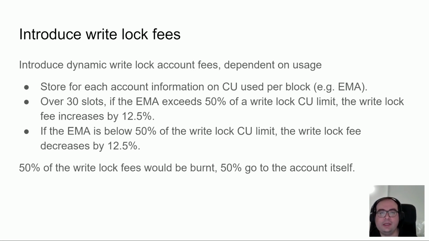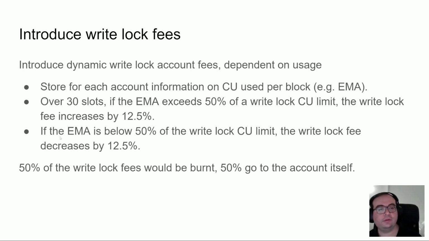It's not an emergent property, but it's really coded that the accounts that are more in demand will be more expensive to touch. It's really done explicitly.